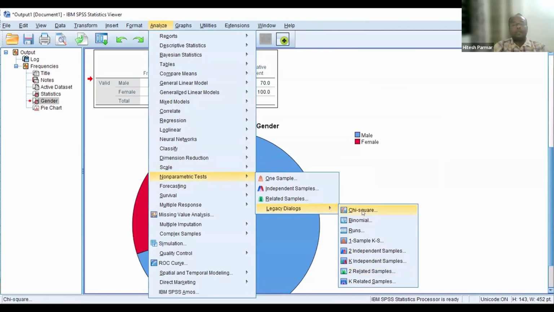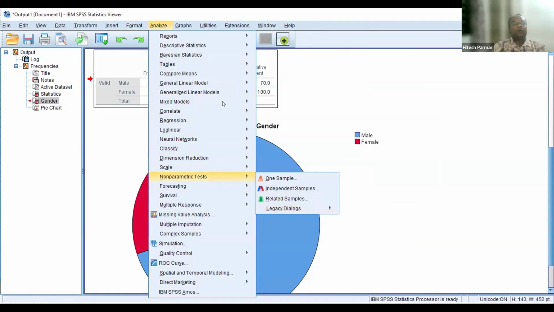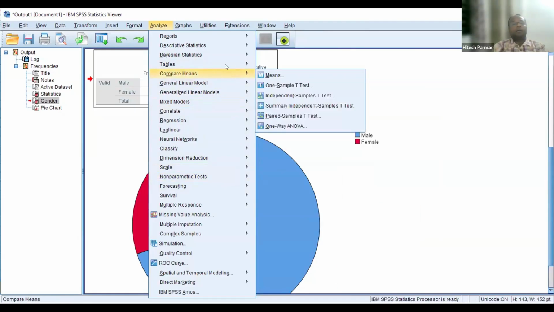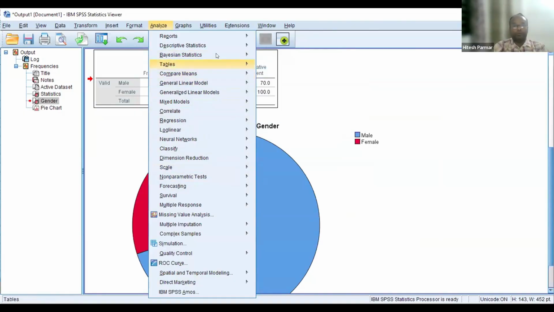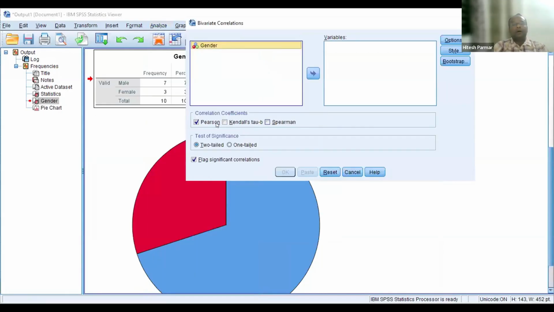The chi-square test of independence is also available. The chi-square test of association is also available in the cross tabulation, right? You can also have correlations, where you can perform the Karl Pearson correlation, Kendall's tau, and Spearman also.